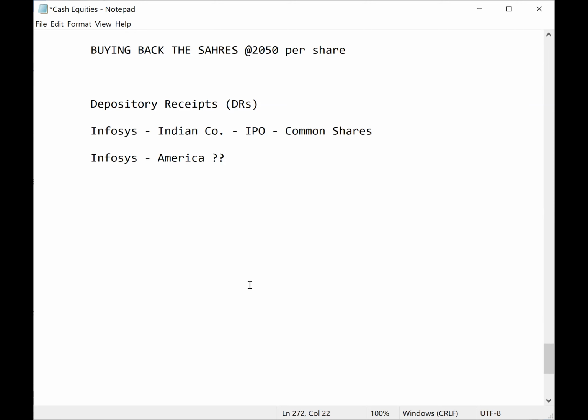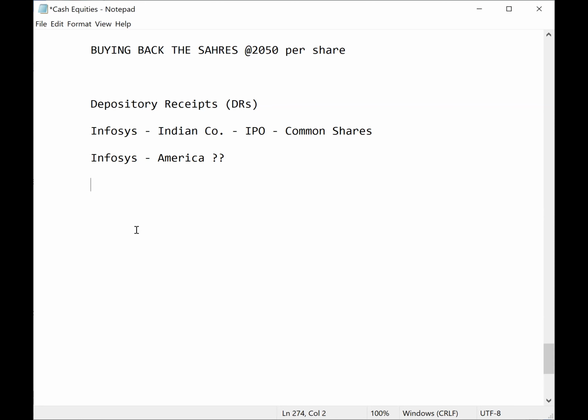Anybody heard of depository receipts? It can be done through depository receipts.